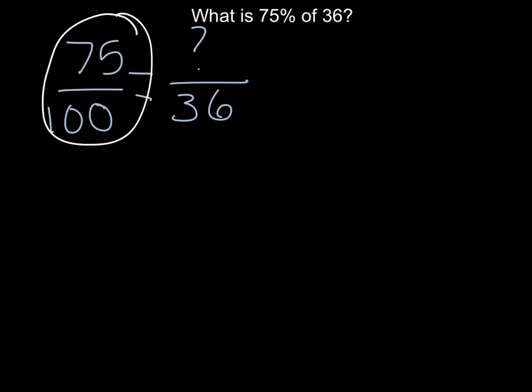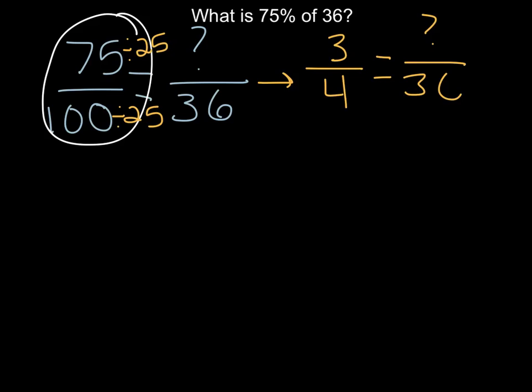We can do this by dividing both the numerator and the denominator by 25. 75 divided by 25 gives me a new numerator of 3, and 100 divided by 25 gives us a denominator of 4. Now we will use this fraction and set it equal to our original question mark over 36. So we think, how did we get from 4 to 36?